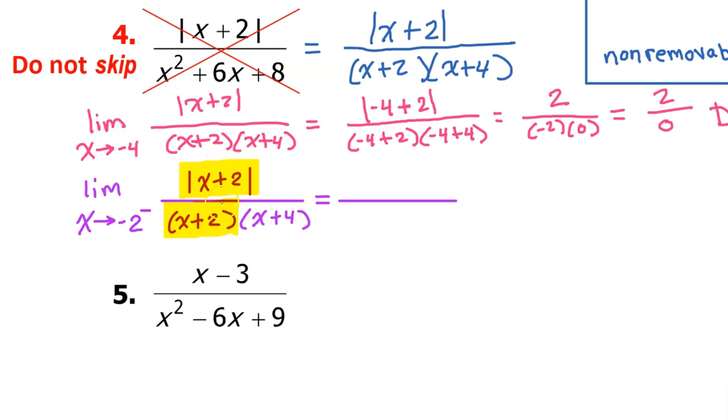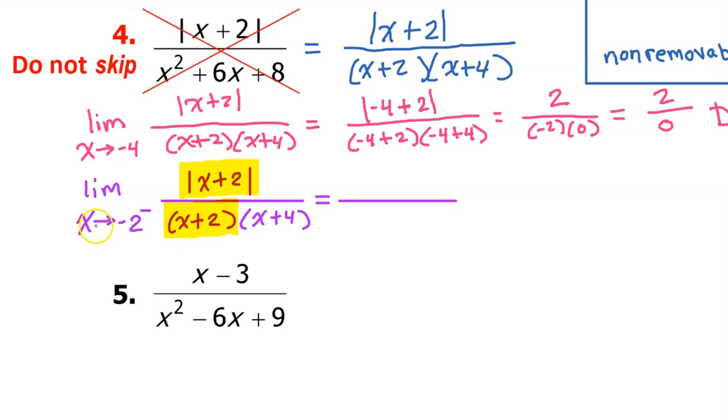You should just look at this and think to yourself, aha, we have the same factor in the numerator and the denominator, except one of them has an absolute value. So these will cancel each other out, but they will either cancel and make a positive 1 or a negative 1. Since the x plus 2 in the denominator is not in the absolute value, this is the factor that will determine whether we get a positive 1 or negative 1.